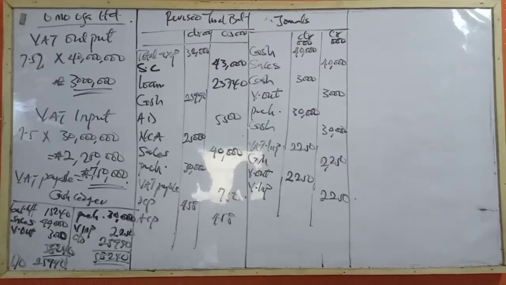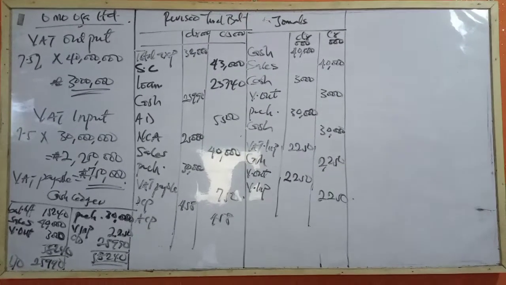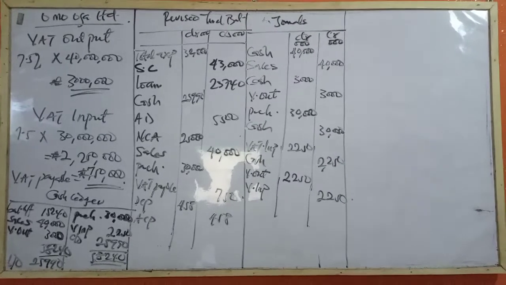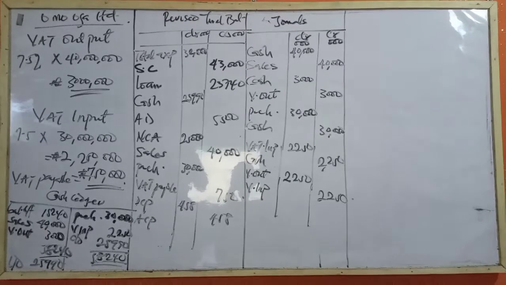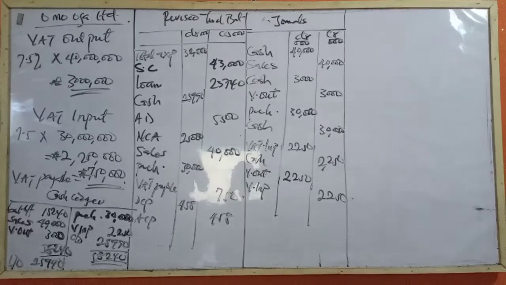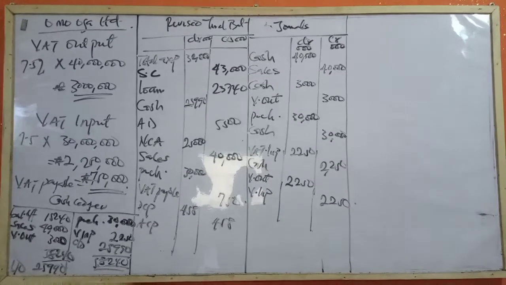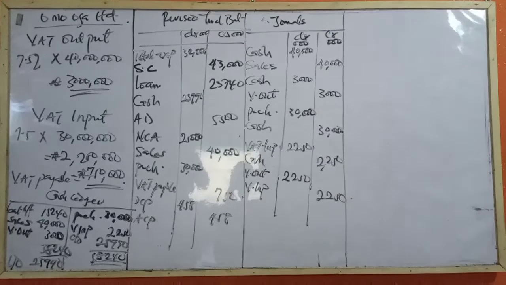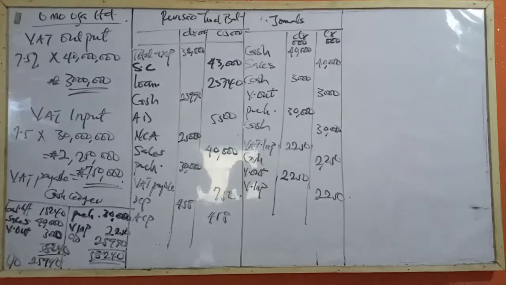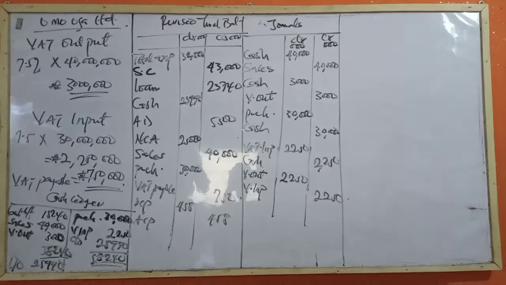You have 32,000, plus 25,990, plus 25,000, plus 30,000, plus 458.